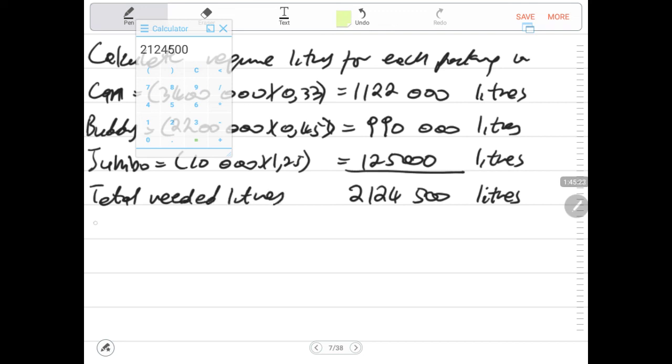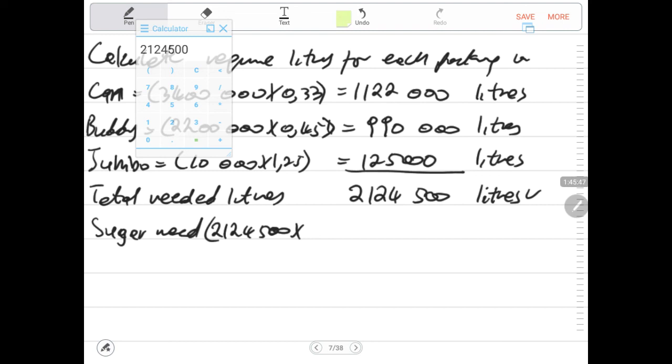Then we need to calculate sugar requirement or sugar needed. How much sugar do we need? Now remember, this is in liters, and we have 2,124,500 liters. How many kgs of sugar are required for each liter?